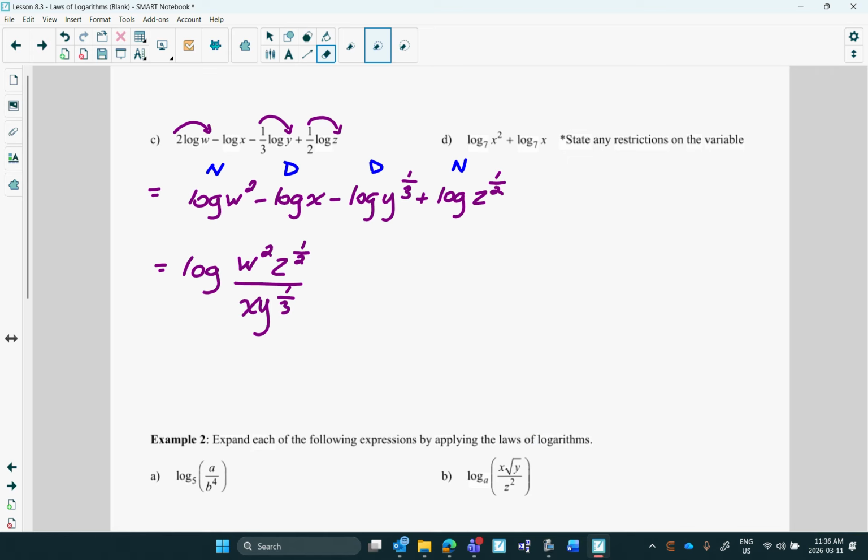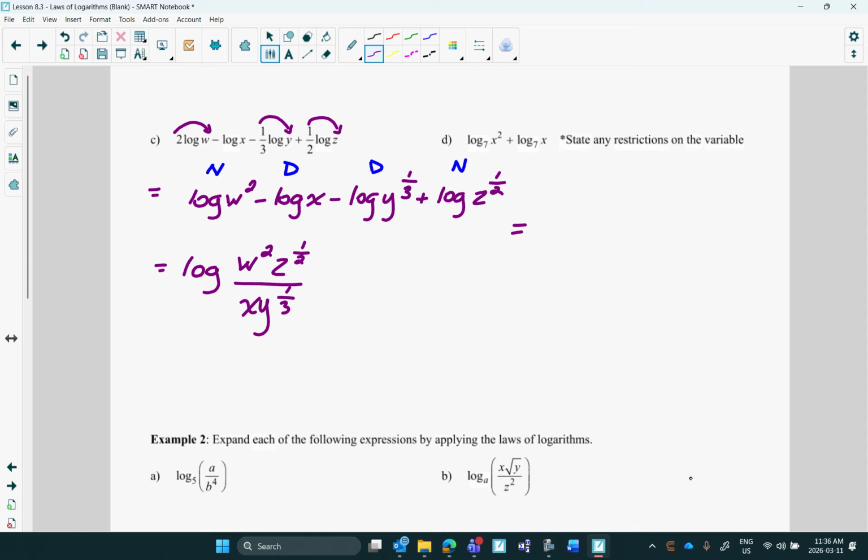You could change the fraction exponents to roots. Okay, but I would also accept this. But if you also wrote W squared square root Z over X times cube root Y, that's also correct. Last one we're going to look at.